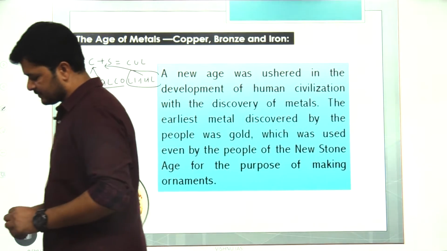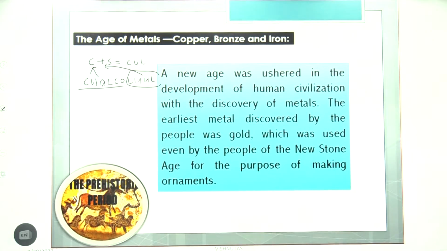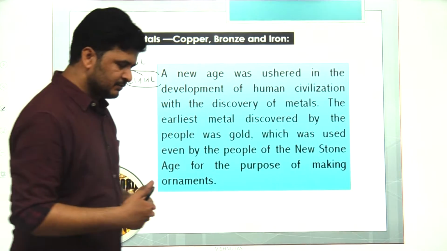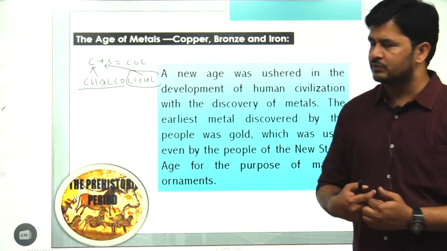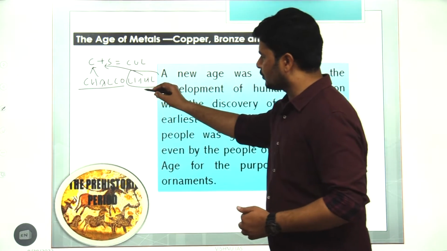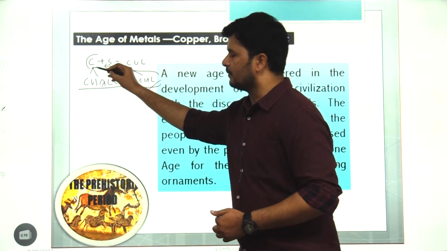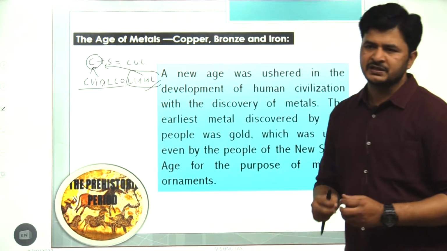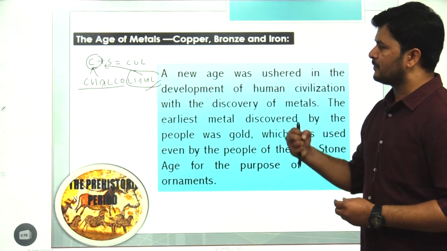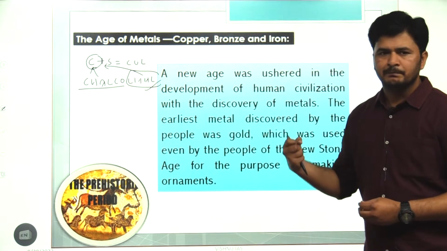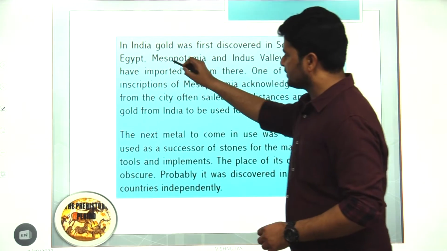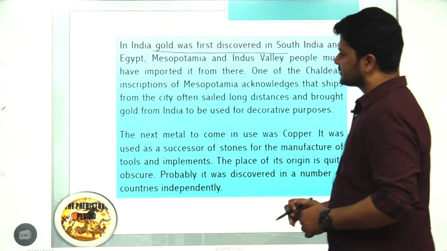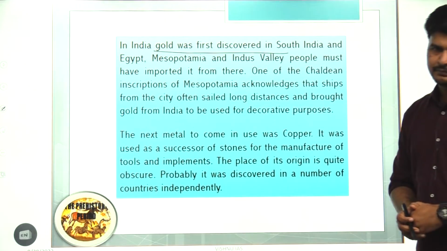Copper, stone age cultures. So the implements and weapons which we found are of stone and also copper. That is the reason historians branded copper as the first known metal to be used by Chalcolithic people. And obviously, as far as the Indian context is concerned, gold.